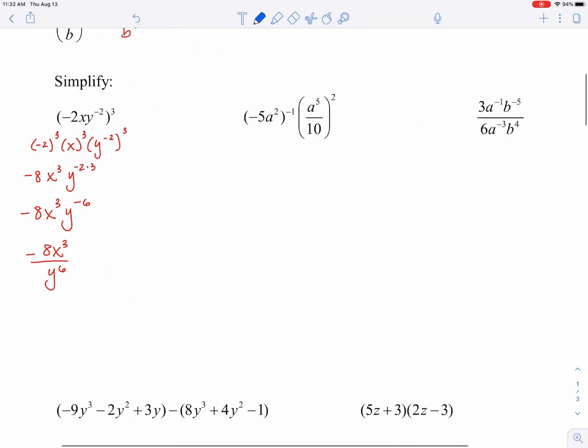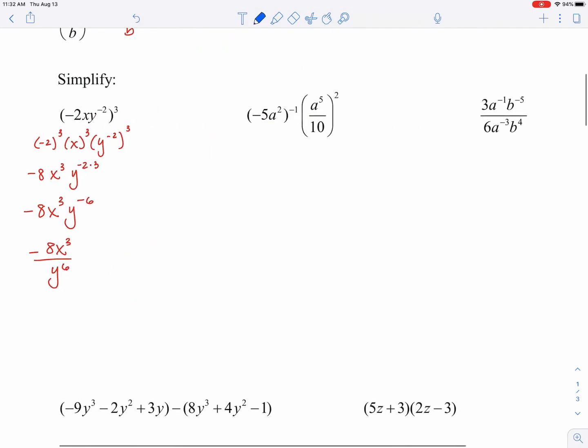In our next expression, negative 5a squared, all raised to the negative 1, we can break that up as negative 5 to the negative 1 times a squared to the negative 1. And for our second expression, that's going to be a big old fraction here. That's a to the 5th squared over 10 squared. So I'm using a couple of different rules there.